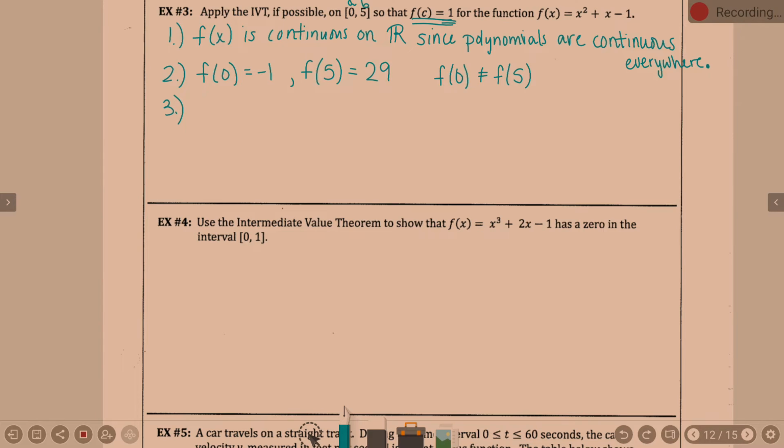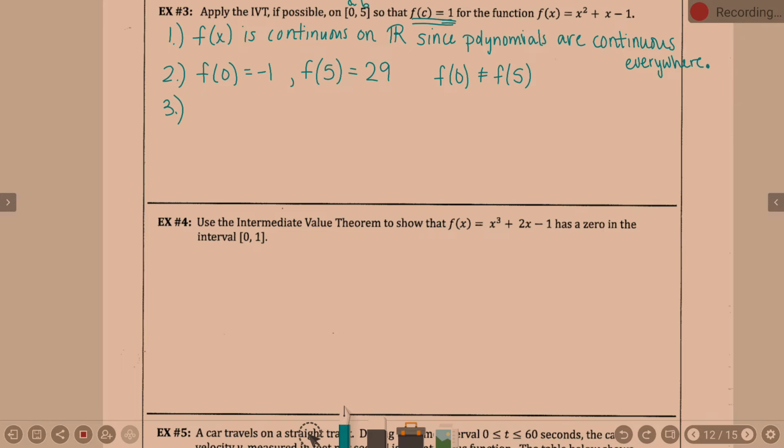Now, how did I write that out? Then by IVT, there exists a value c where f of c equals 1, since f of x takes on every value between -1 and 29 on the interval 0 to 5.